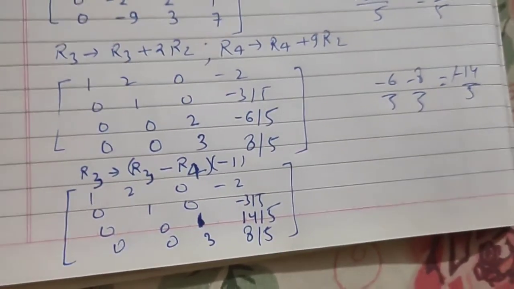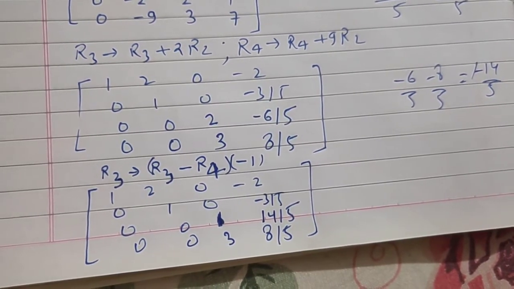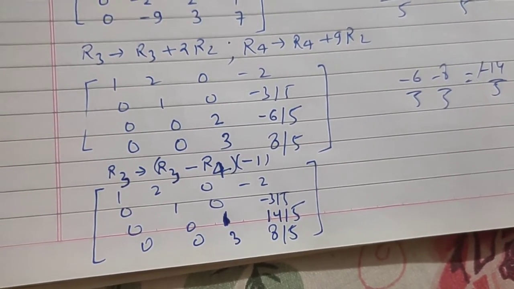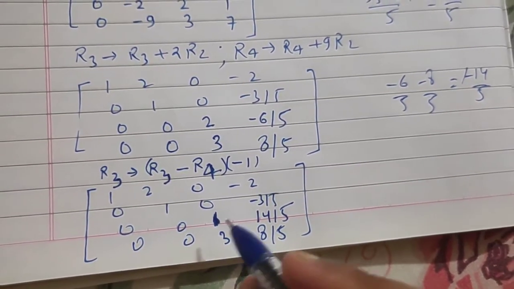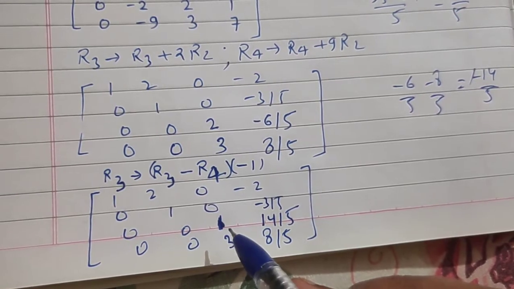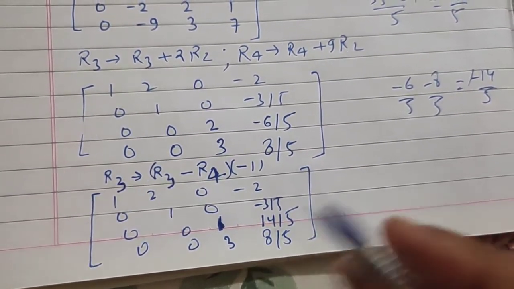Okay, now anything we can do with this is we can make this 3 into 0 just by R4 to R4 minus thrice R3.